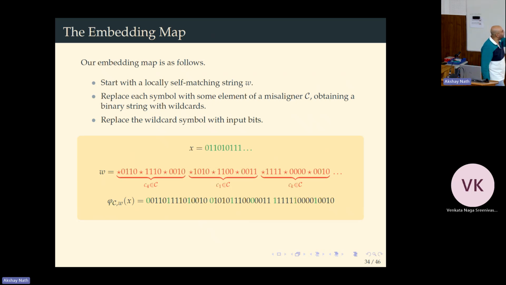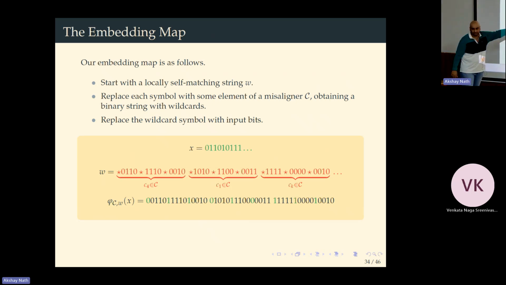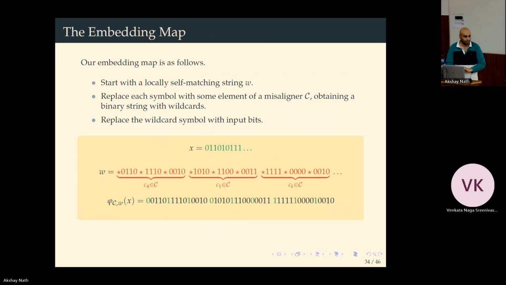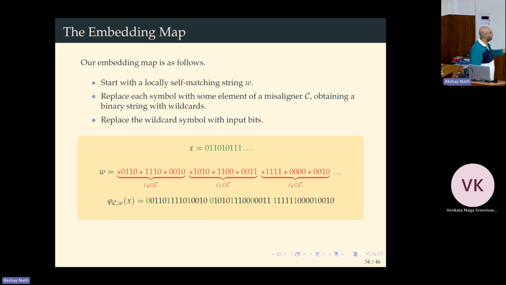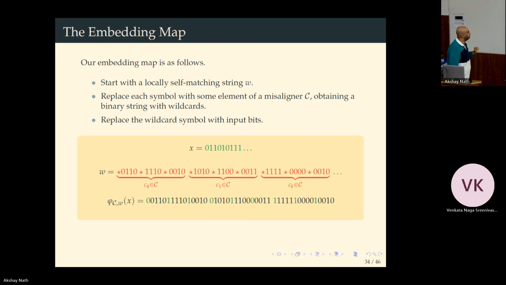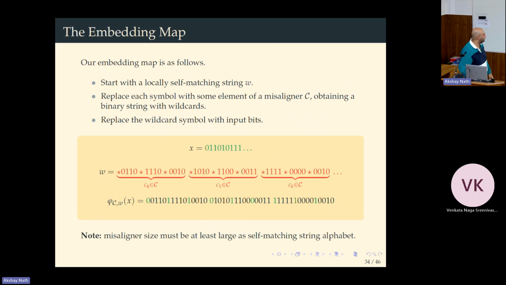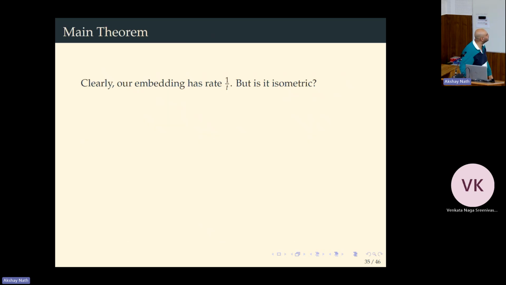And now we take the input and put the bits in the wild character places. So you had initially n bits, now you will have Tn bits. So the rate is 1 over T, where T is a property coming from the misaligner, the block size. And we need the misaligner size to be at least the alphabet size, so that we have a unique code word for each character in the alphabet.